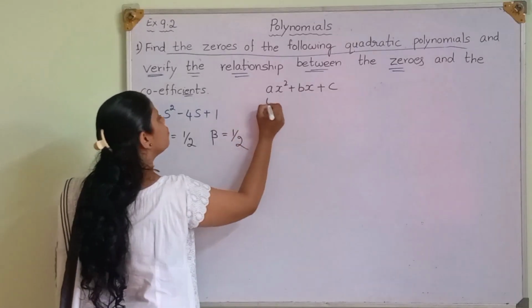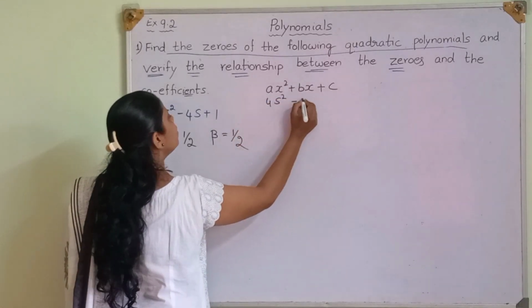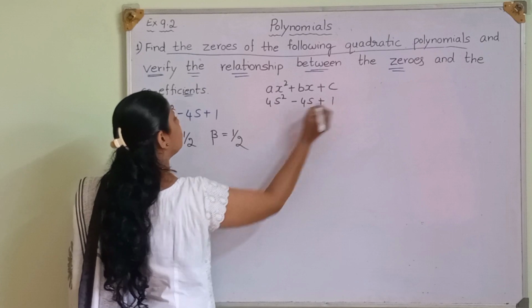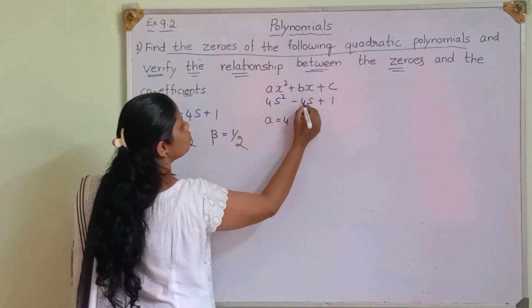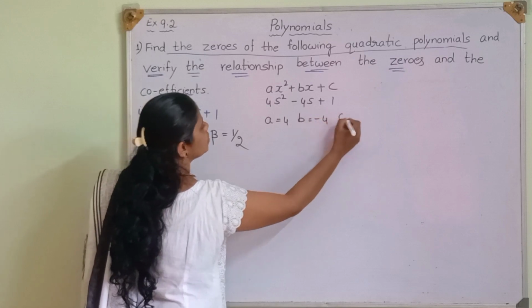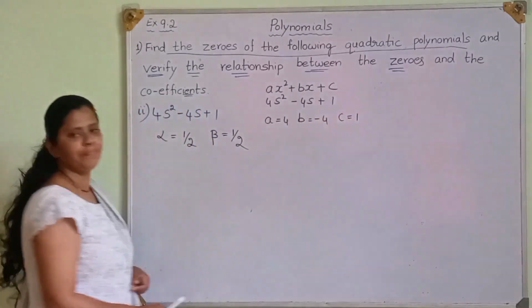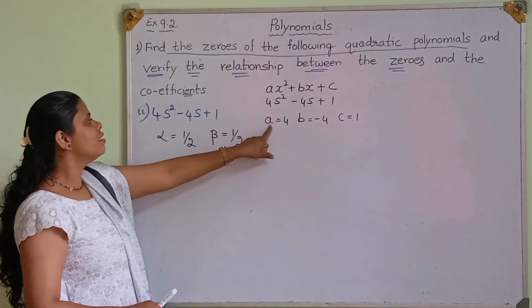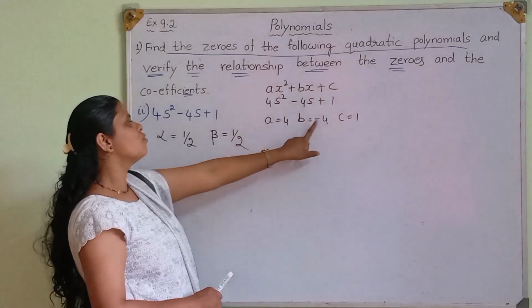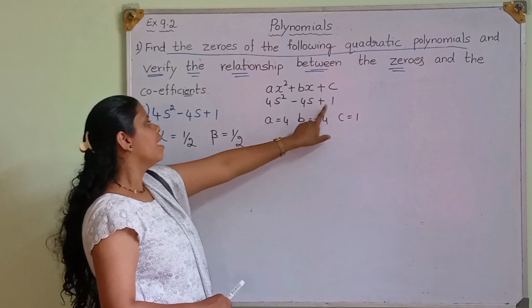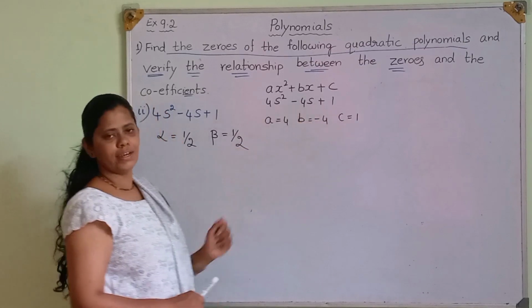See, 4s square minus 4s plus 1. A is equal to 4. B is equal to minus 4. C is equal to 1. Here A is the coefficient of s square, B is the coefficient of s and C is constant. Right?